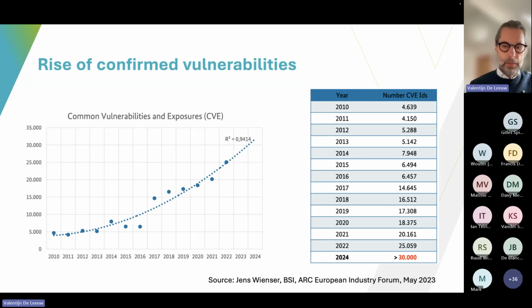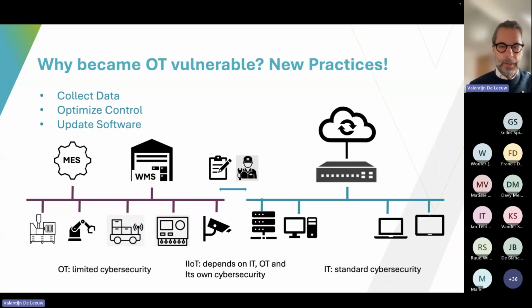You see that the published vulnerabilities are increasing exponentially. This is information from the German government. How did we get there? Because we connect our industrial networks on the left side with our control and business networks to do all kinds of important and interesting things like collecting data, optimizing control, updating software, and so on.